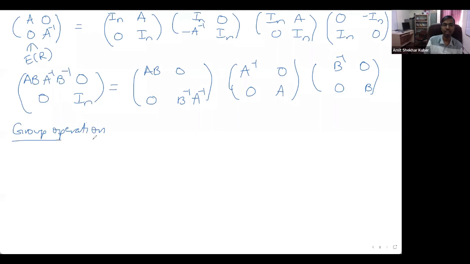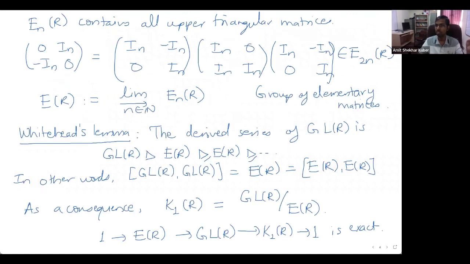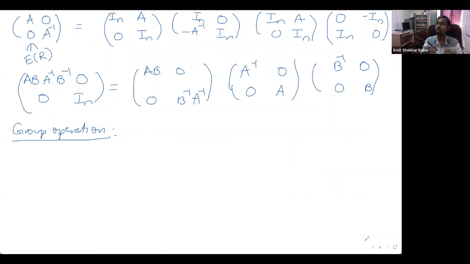Well, if you take two matrices of the same size, then their group operation must be the same as GLNR, the cosets of GLNR modulo ER. So therefore, it will be multiplication. However, there is a beautiful way of presenting that operation as well.